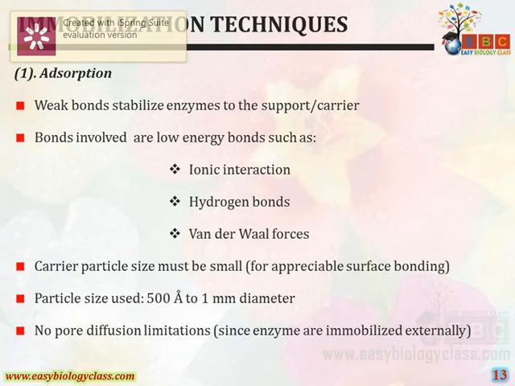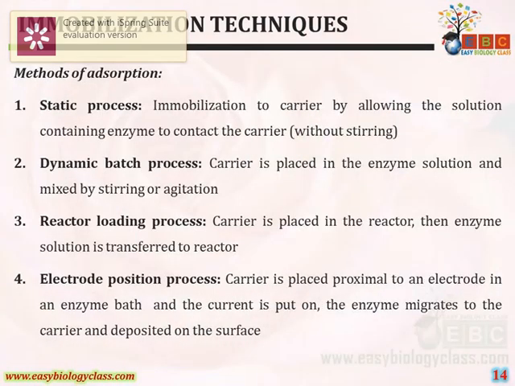We have to write what adsorption is, how this principle is used for linking the enzymes, which are the support systems, and which are the biochemical interactions used for linking the enzymes on the support. Okay, there are 4 subtypes of the adsorption method, but we will not go through them because they are not important for us.